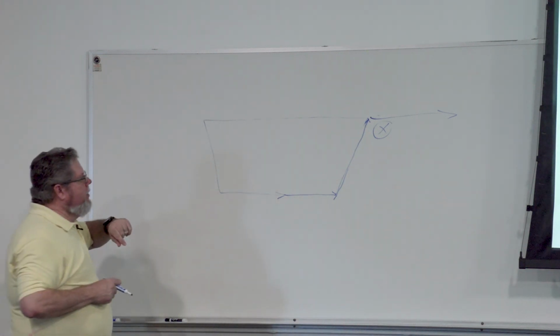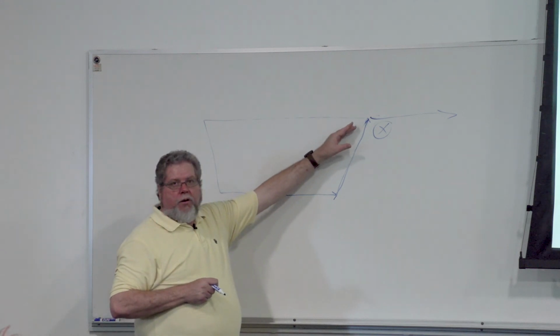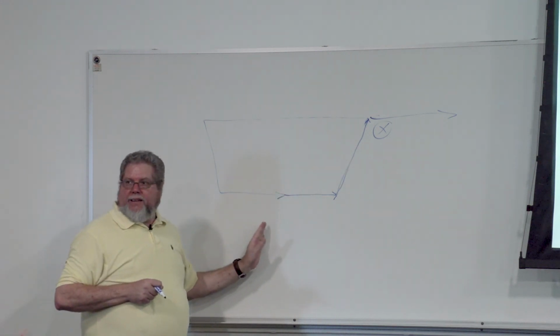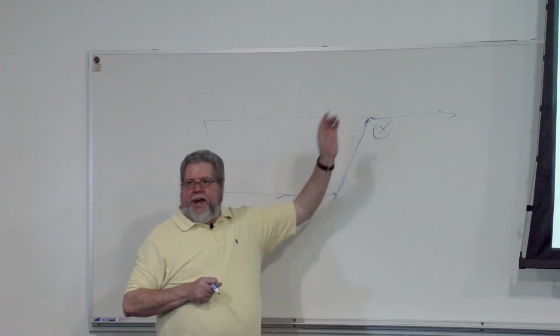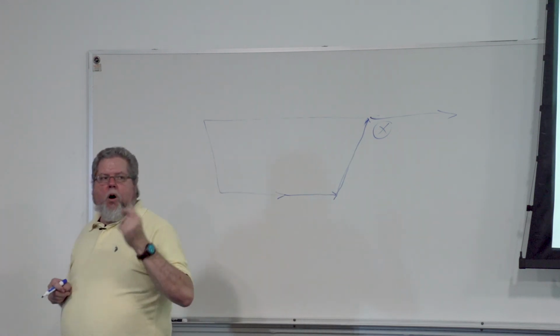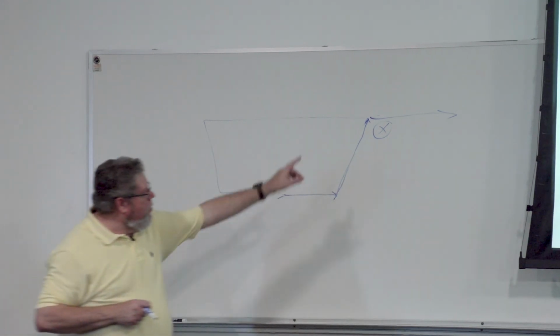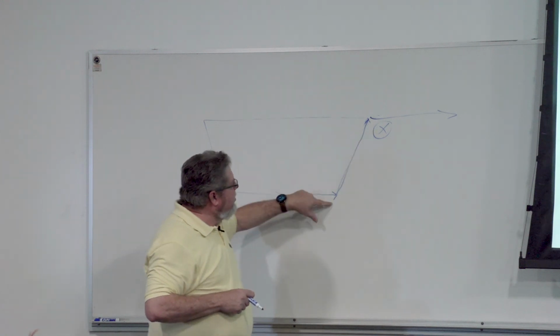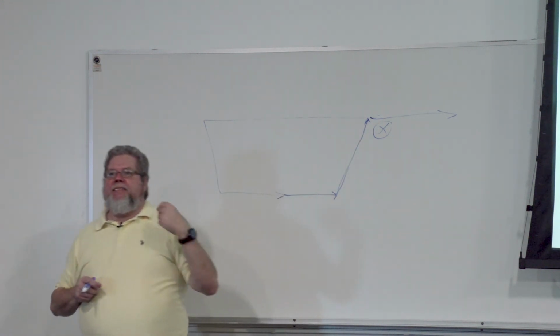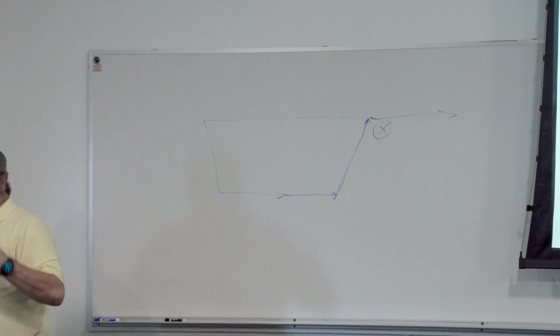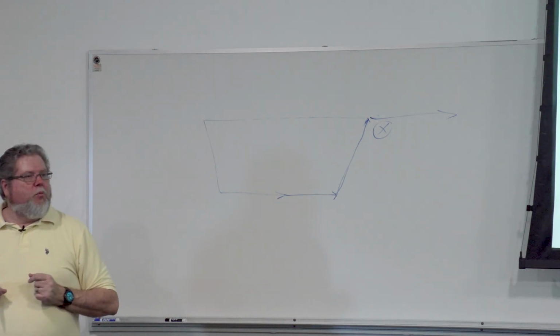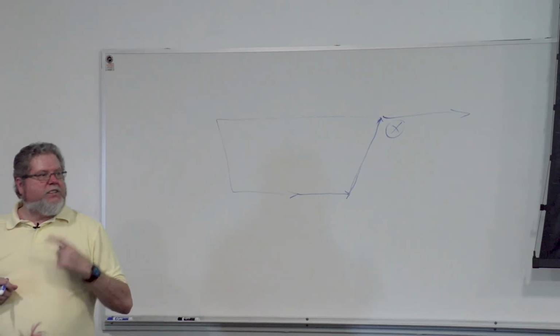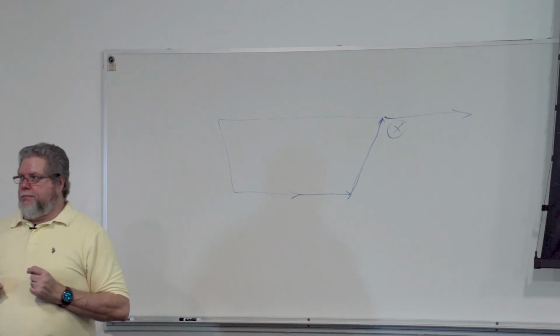On the other hand, if main gets here and I'm still calculating the values and I haven't returned yet, main will pause. It will wait right here until I do return. And then it'll move on. And that's all automated. Okay?